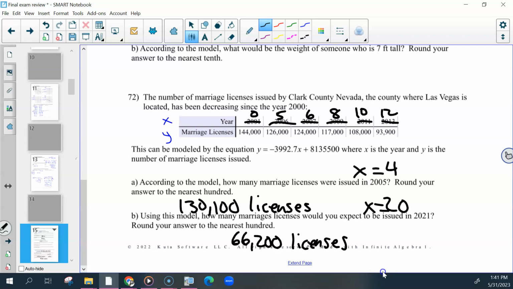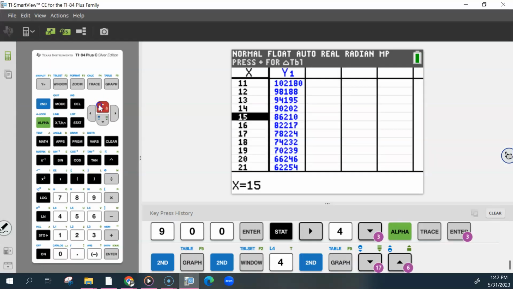And I imagine if we kept going, they would keep dropping. That's what I thought. If this was 1.5, then we would have rounded it up.